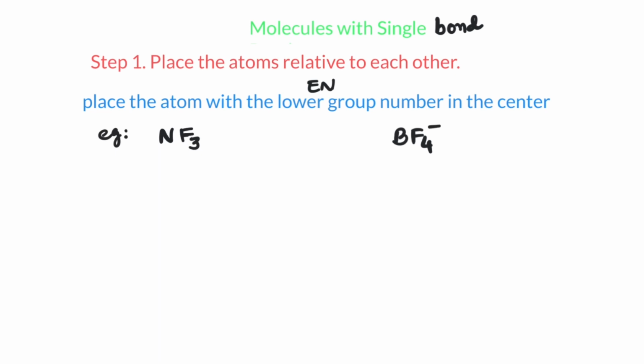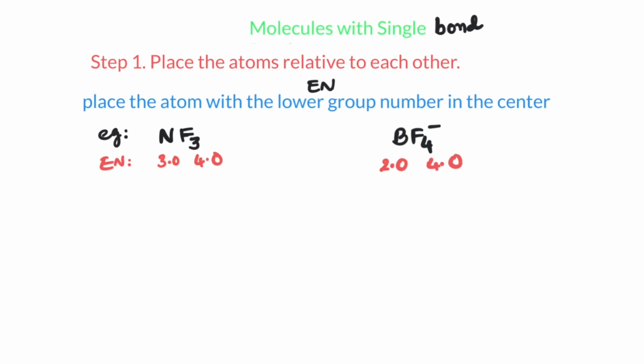In this one, nitrogen is the lower electronegative and fluorine is the higher electronegative. Their electronegativity is nearly 3 for nitrogen and 4 for fluorine. Boron electronegativity is nearly 2 and fluorine electronegativity is 4.